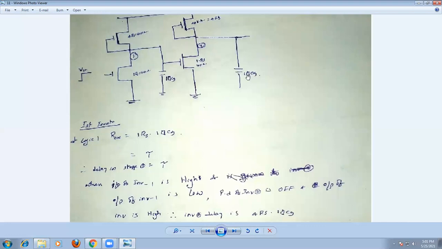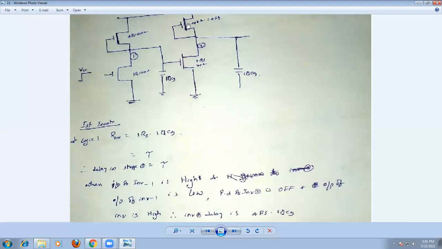This capacitance is the input capacitance of the next stage, which is nothing but the output capacitance of the second stage here. Assuming that here also we are giving only one transistor gate, so assume 1 square CZ.